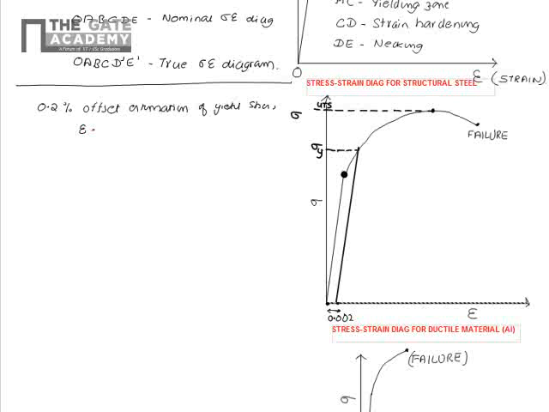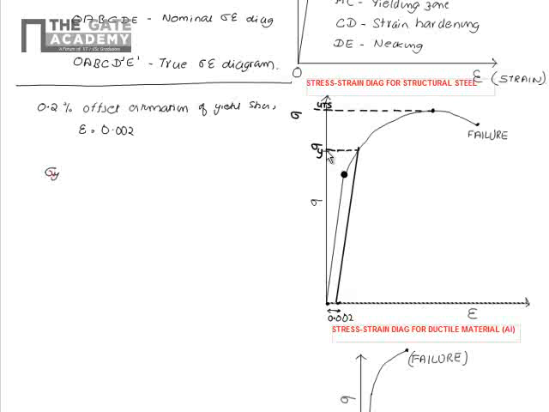So we take a strain value of 0.002, mark this point and draw a line which is parallel to the initial straight line portion. Where this line intersects the curve, the stress corresponding to that point is taken as the yield stress value.